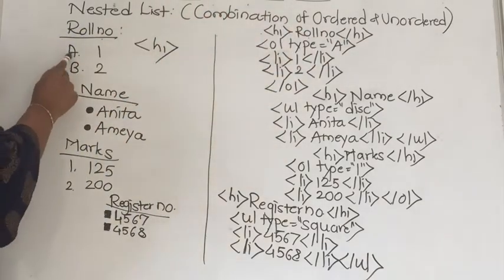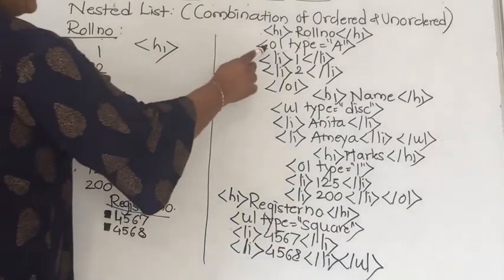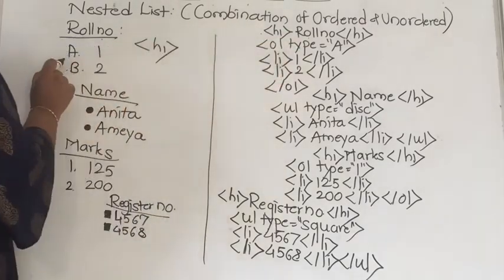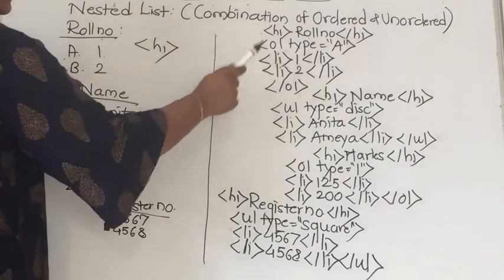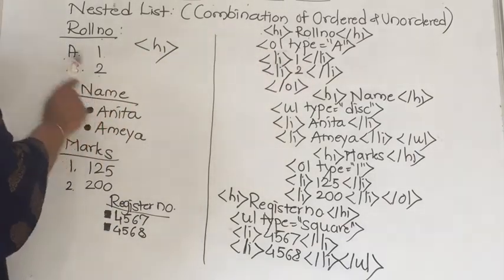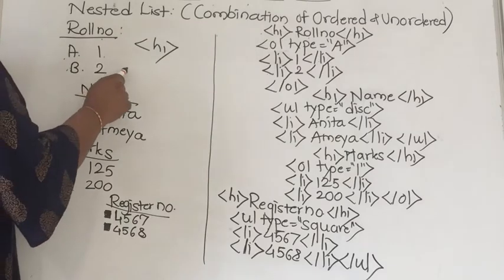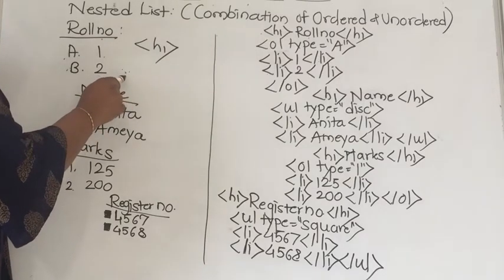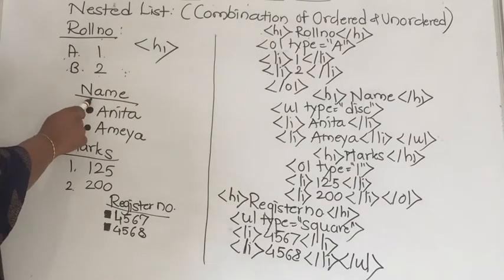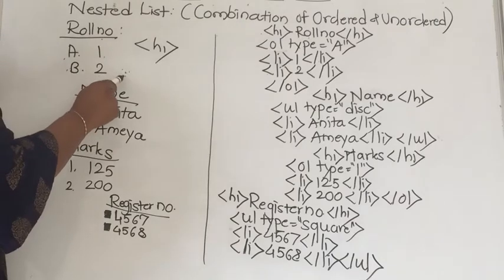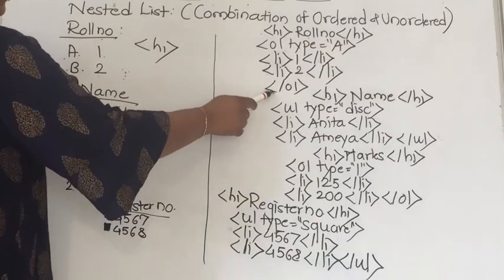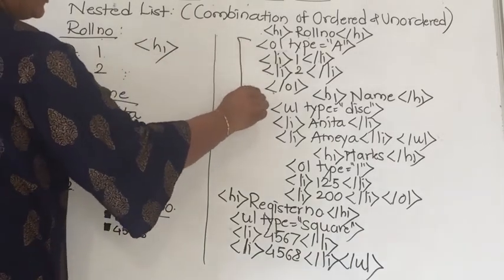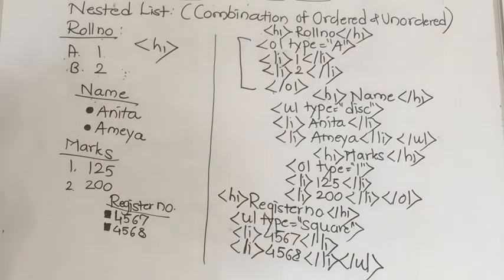Then as these are the ordered list items, OL type is equal to A. Then the list item li1 /li, li2 /li. Now my ordered list is over because the next one is name. So before writing the tag for the name, you have to close the ordered list. So I have given the /ol. So this is my first type, that is for the roll number.